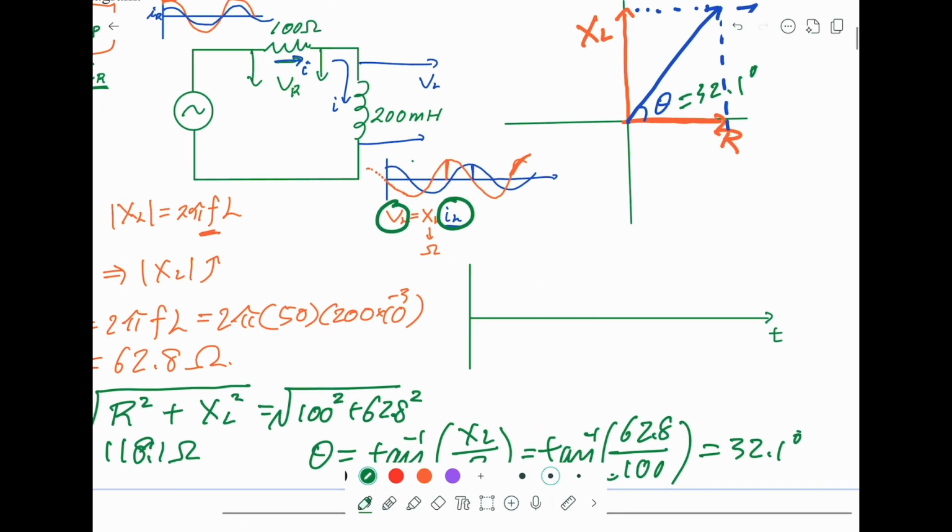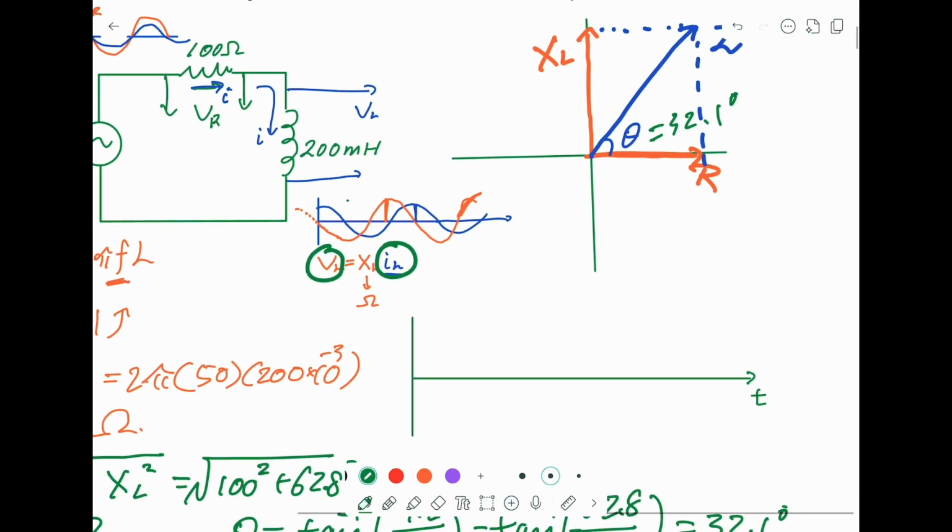The meaning is here. If we look at the time domain, first, the voltage is always along the impedance. Say, for example, the voltage across the resistor R, this is the voltage, so VR. Now we also know the voltage across the inductor is 90 degrees leading. It means now this is the voltage.